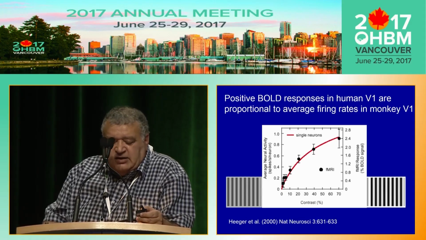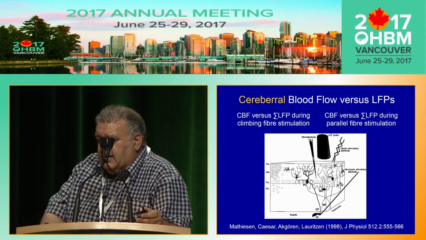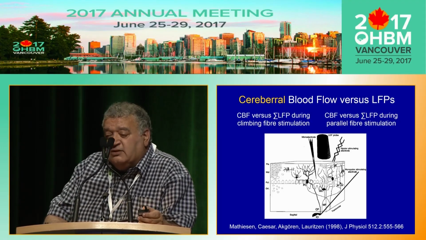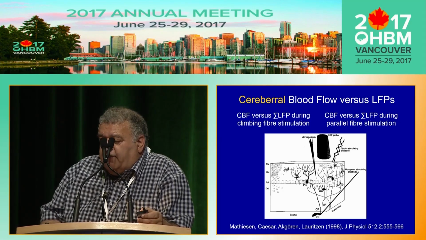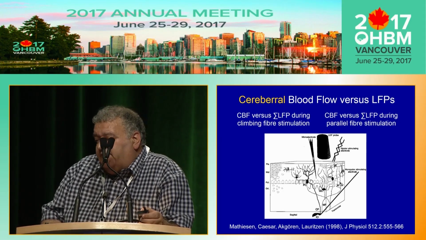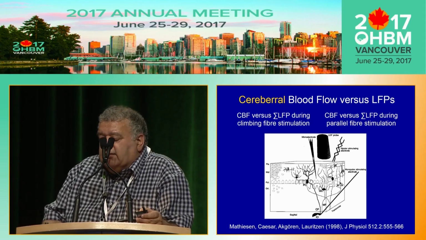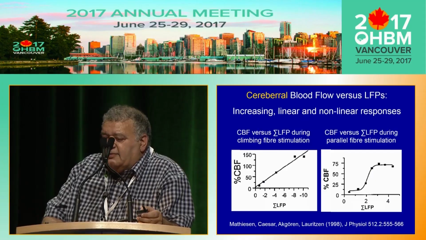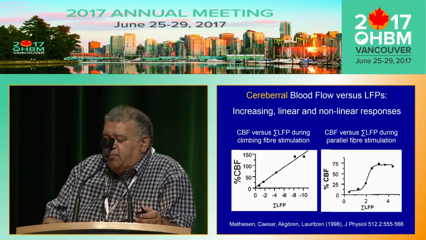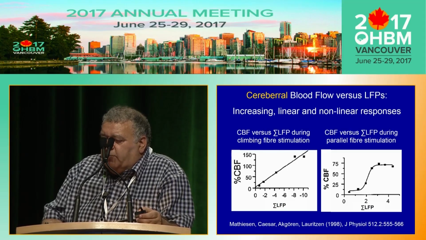Similarly, if we look at a classical paper from the Lauritzen group in the cerebellum, stimulation of the climbing fibers and the parallel fibers during neurophysiological recordings from Purkinje cells and laser Doppler, we can see that stimulation of the climbing fibers causes linear increase in cerebellar blood flow as a function of local field potential.